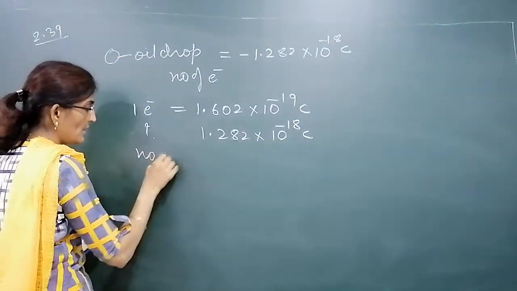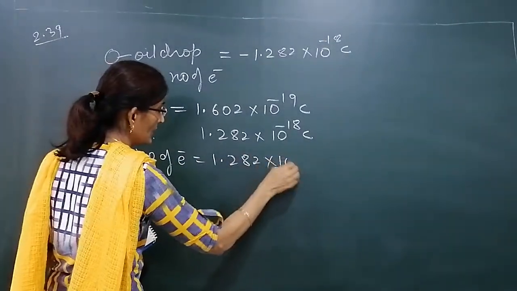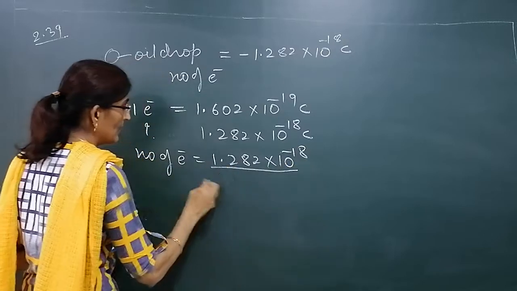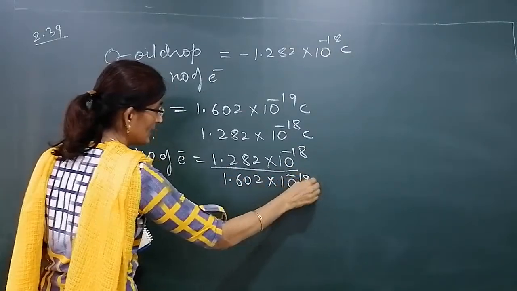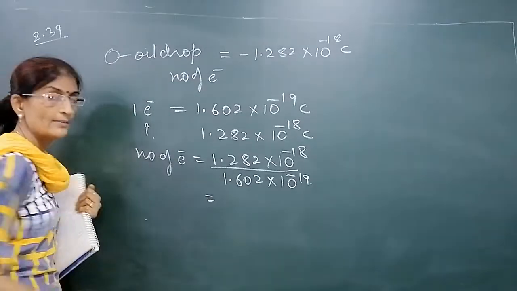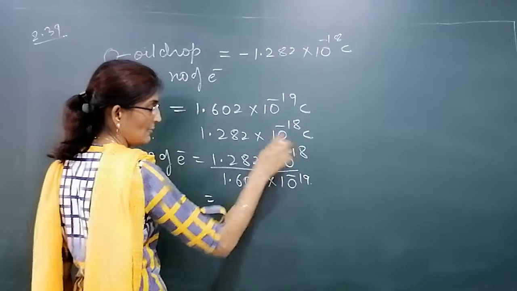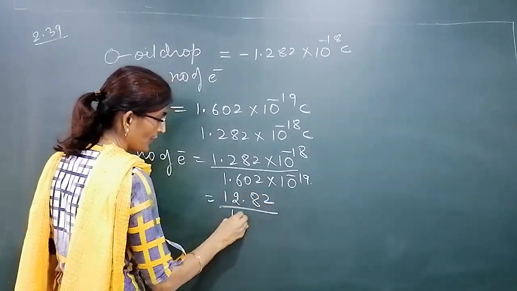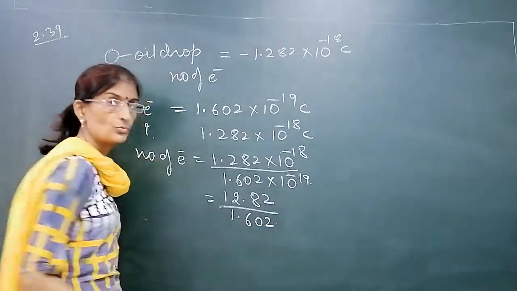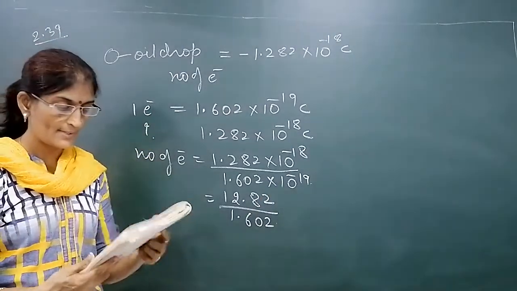So number of electrons can be calculated as 1.282 × 10^-18 divided by 1.602 × 10^-19. On solving this, we get the number of electrons. Here the 10 goes up, so it would be 12.82 divided by 1.602. Whatever answer comes is the number of electrons.